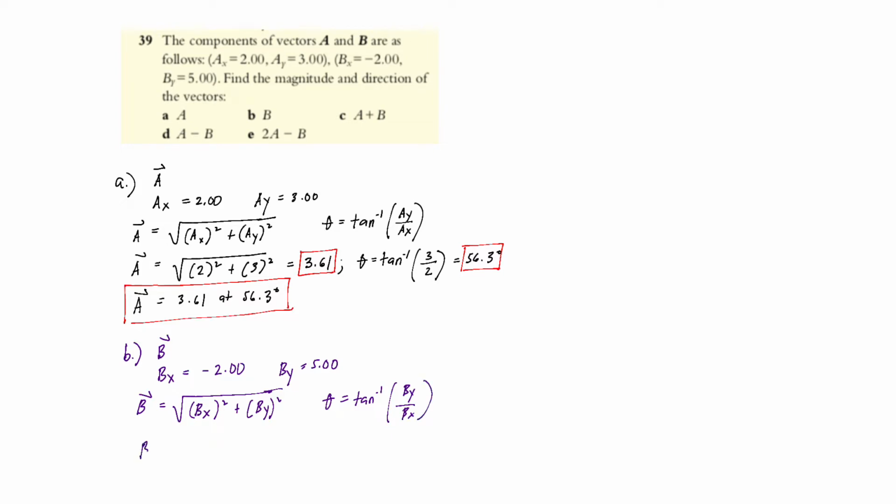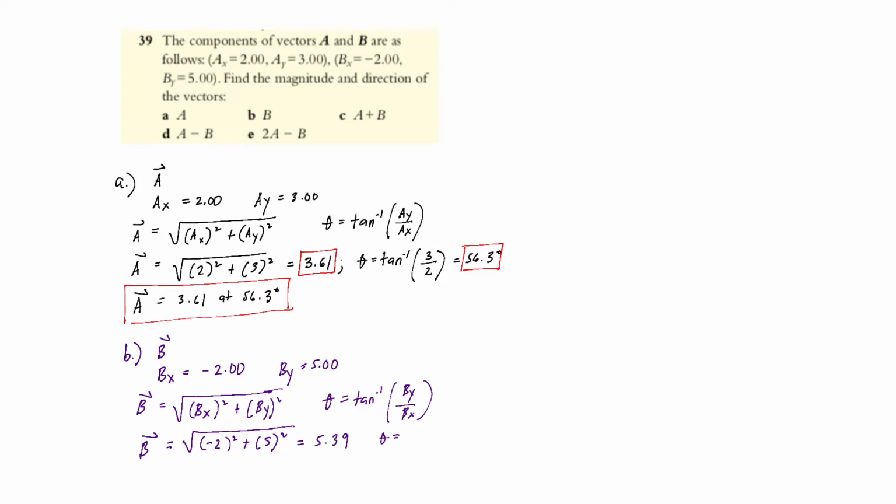So that would be the square root of negative 2 square plus 5 square, which is 5.39.